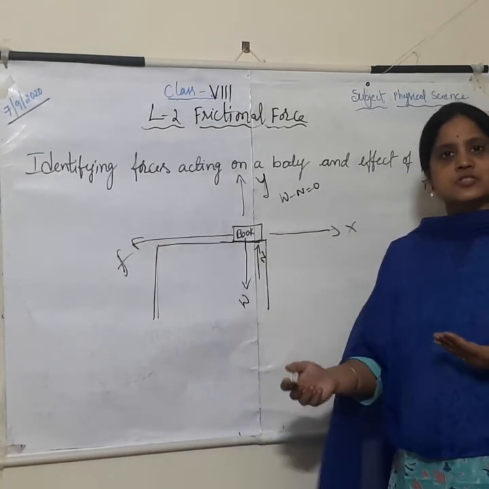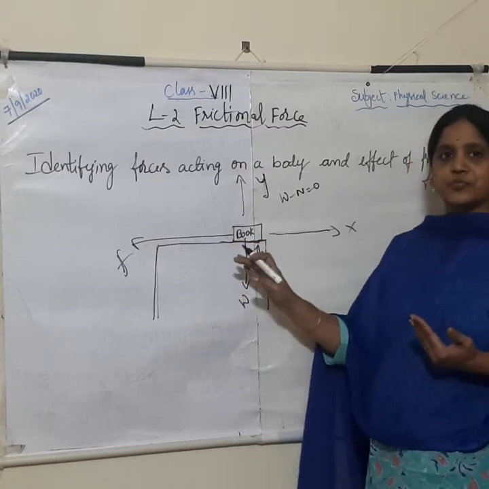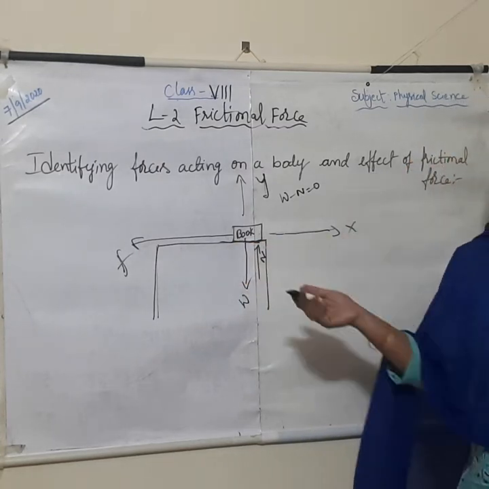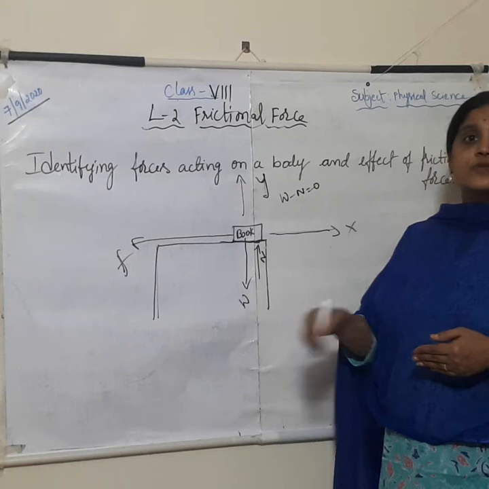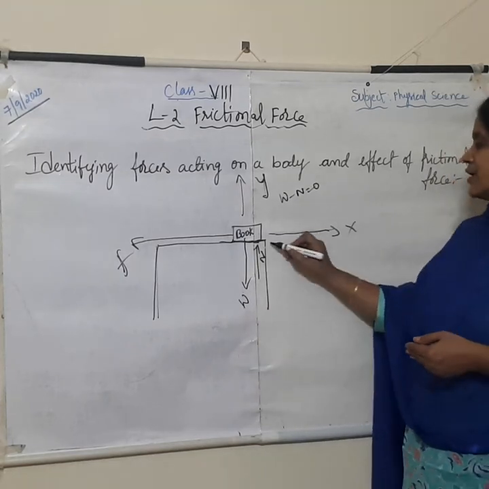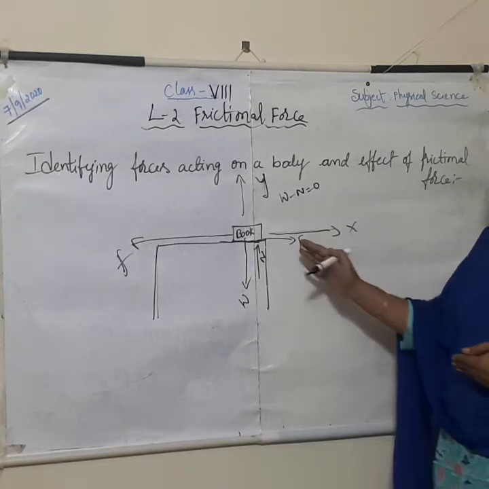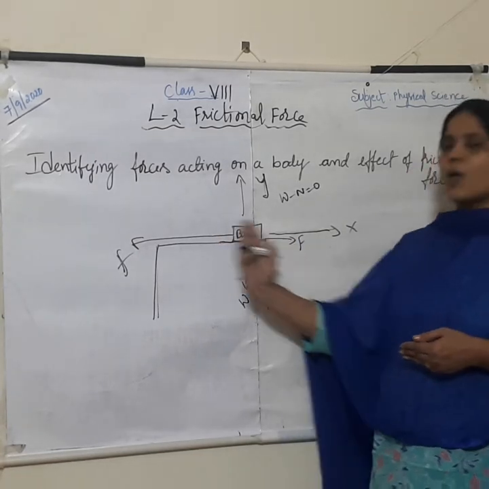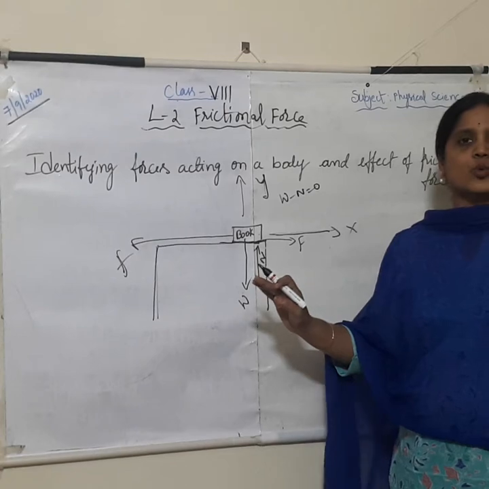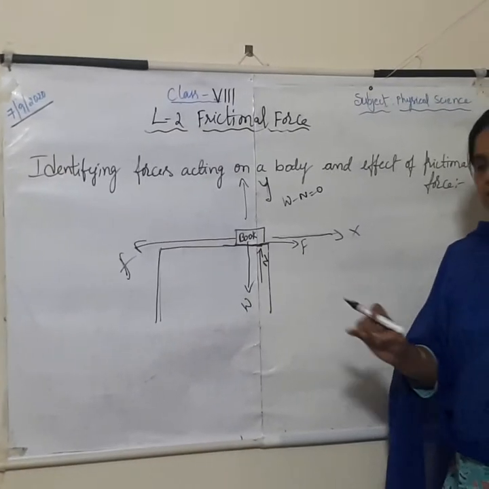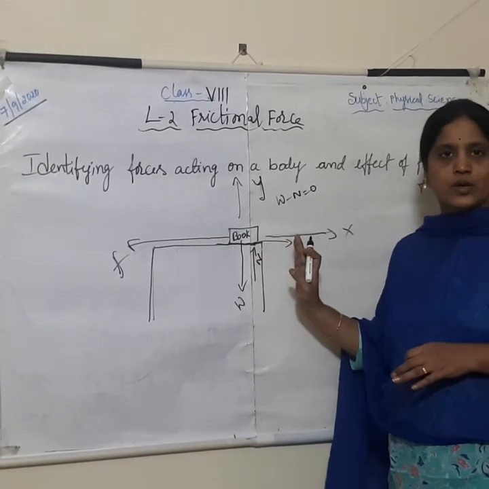At the same time, the surface of the table exerts some force on the book in the opposite direction. So these two forces are also opposite, but they are not equal in magnitude.